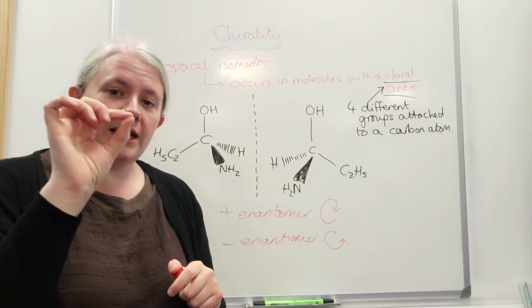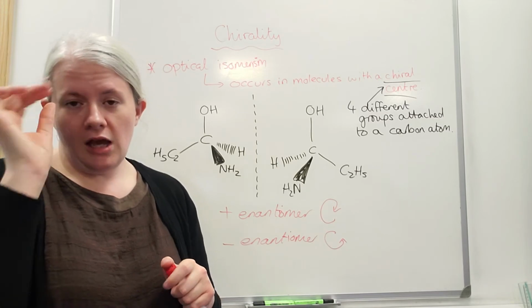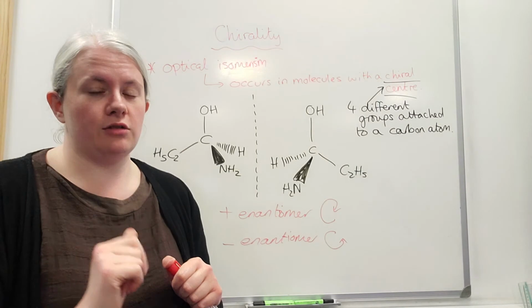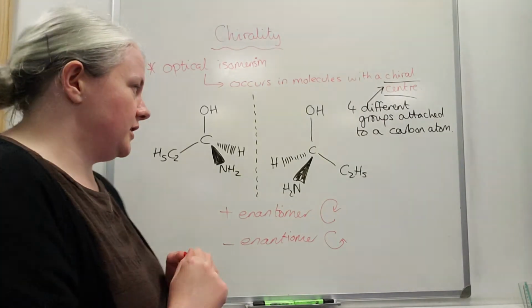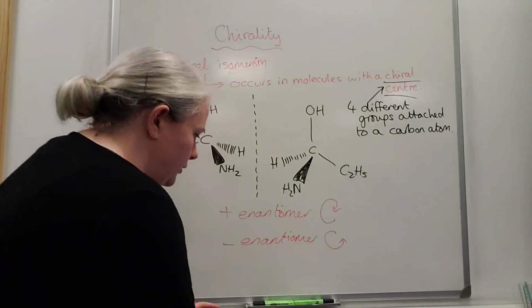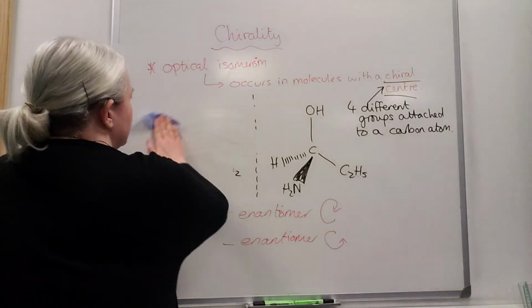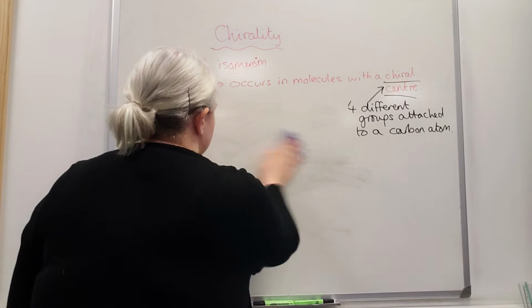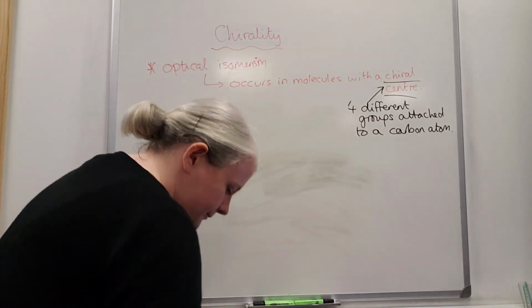Sometimes they get you to put a little star next to the carbon atoms that have chiral centers to check your understanding of where the chiral centers are. So let's draw an organic molecule and see if we can figure out how many chiral centers there are in it.